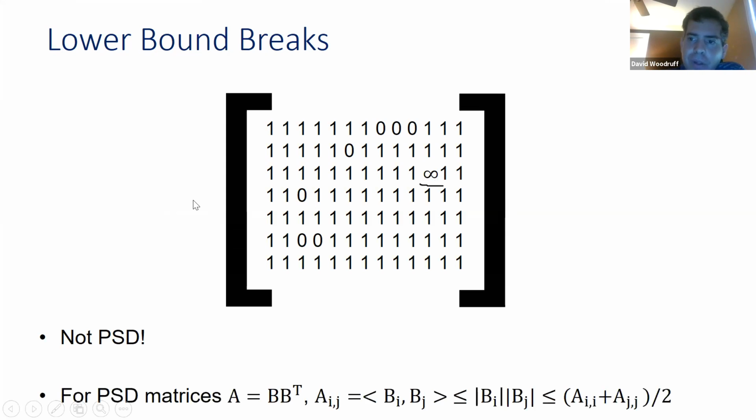How can you formally state that? Well, if I have a PSD matrix A, then it can be written as B times B transpose, where B is the square root matrix.